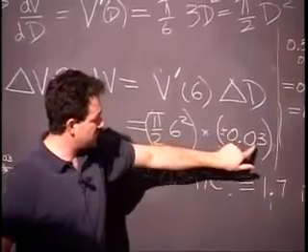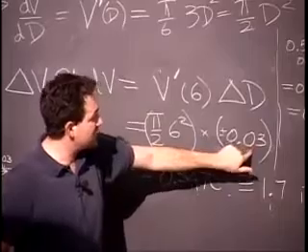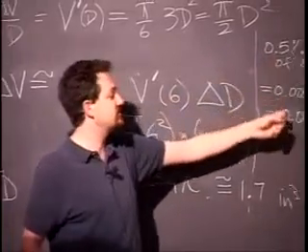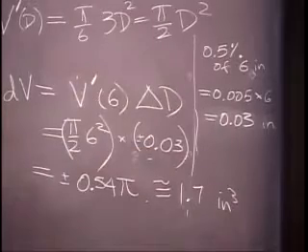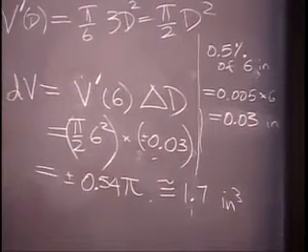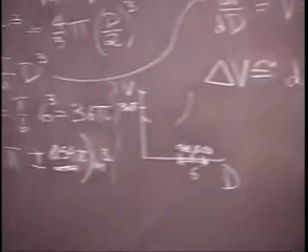The one thing I wanted to comment on is that to get that number, I had to convert the original percentage into the actual absolute answer. I still have not finished the problem because I'm supposed to work out what the percentage error is of this.